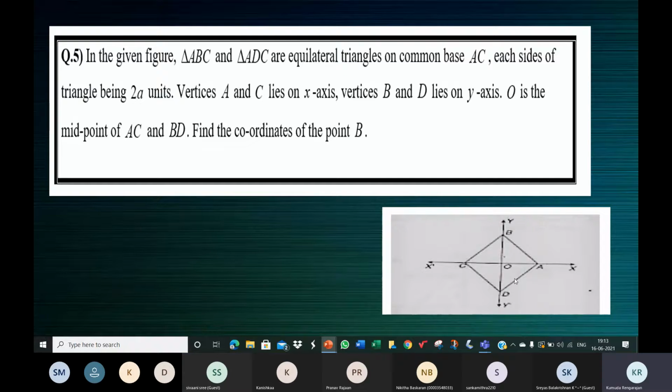OC is equal to OA, because O is the midpoint of AC. Supposing AC were 10 centimeters, then OC will be 5 and OA will be 5. Similarly, AC is 2A units, so OC will be A units and AO will be A units.